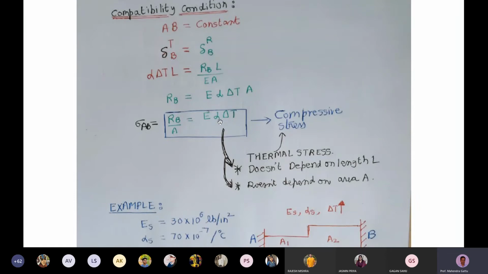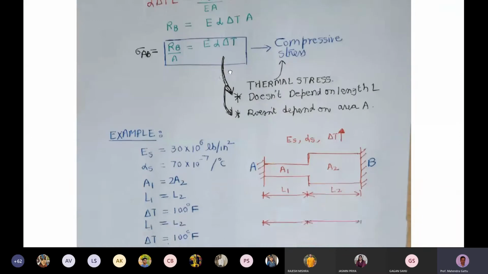For this particular case, this thermal stress is independent of the length of the bar and also independent of the area of cross section of the bar. So it doesn't depend on length or area for this particular case. Through this example, we have seen how thermal stresses are produced in a bar when resistance is given to the structure.